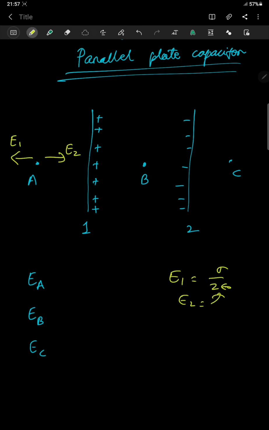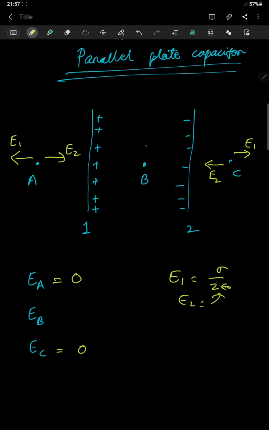It is the same, sigma by 2 epsilon naught, but the direction is opposite, the magnitude is the same. So what will be EA? 0. What about at point C? Your E1 will be along this direction and E2 will be along this direction, magnitude the same, direction opposite. So what will be the electric field at point C? It will be 0.